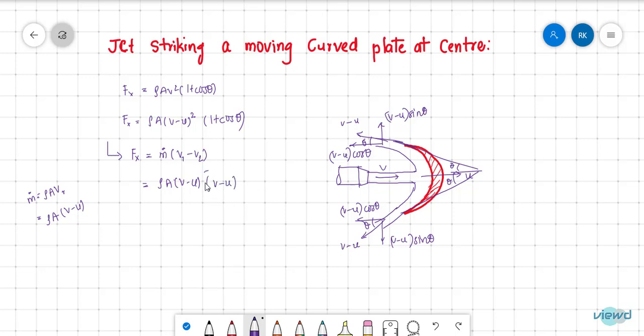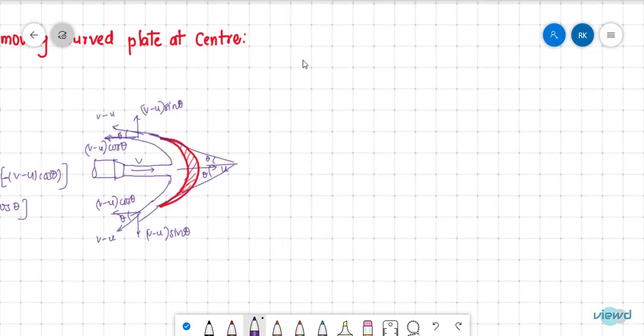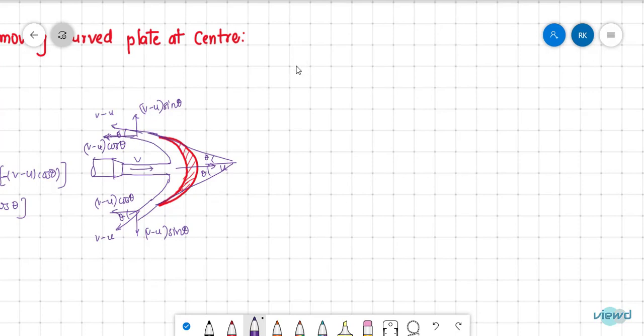What is v2? v2 is (v minus u) cos theta, but a minus sign should be included since this direction is opposite to the initial one. So rho a (v minus u) whole square, taking (v minus u) common, leaves (1 plus cos theta) in the brackets. This is how we need to solve this, and this is the condition when there is only a single plate.